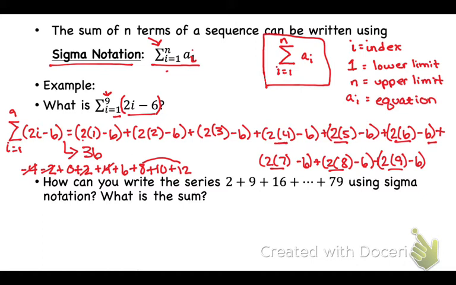S sub n equaled n over 2 times a sub 1 plus a sub n. Didn't we learn that yesterday? Yeah? So as long as I'm arithmetic, could I use this? Well, am I arithmetic? I'm going from negative 4 to negative 2.